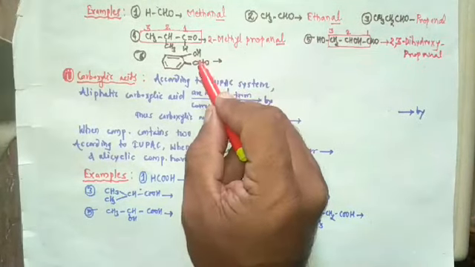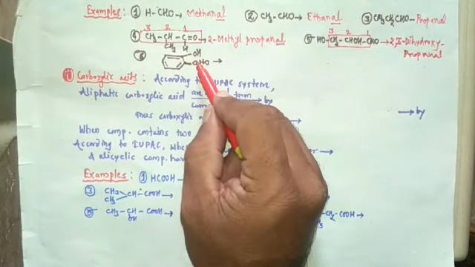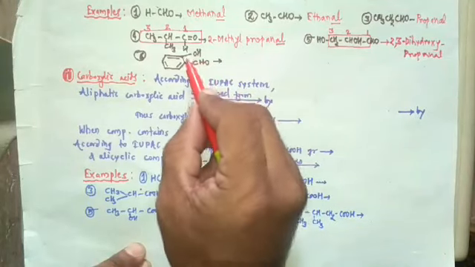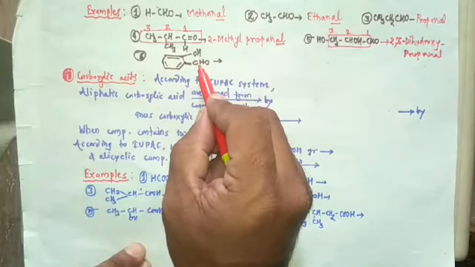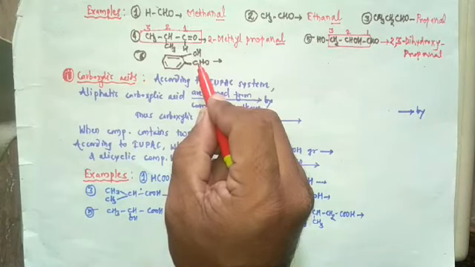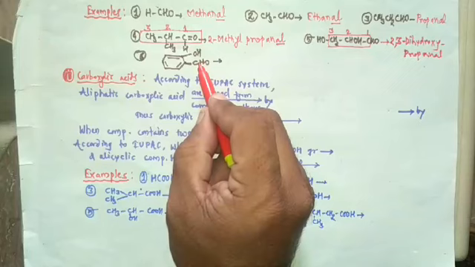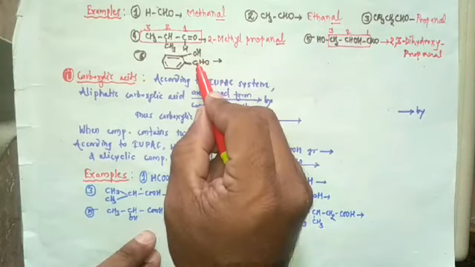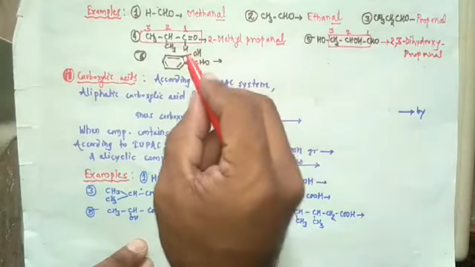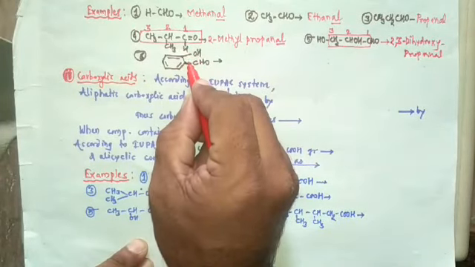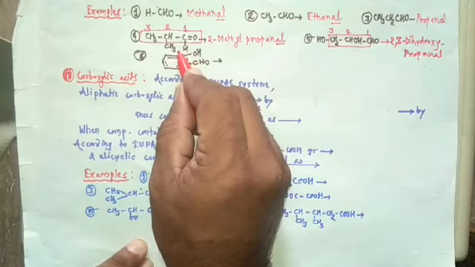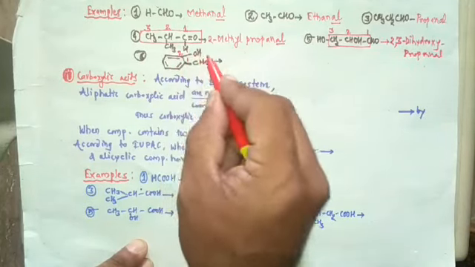Then the next compound is this one. Here an OH group is present, and a CHO group is also present. The CHO group is the principal functional group, so we have to number in this way. This is the first carbon atom, this is the second carbon atom.